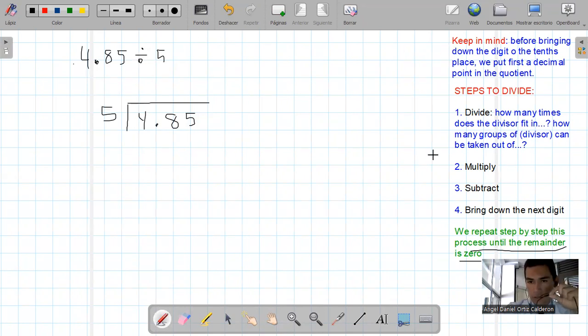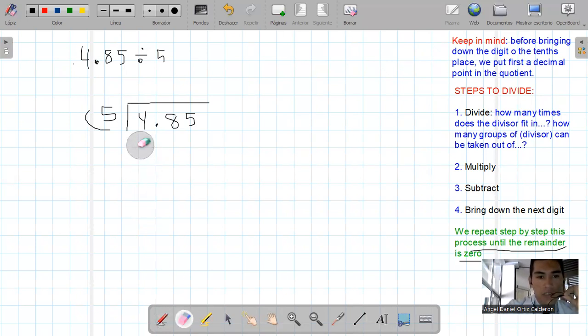Well, now, remember these instructions. The steps to divide. First of all, we have to divide. What does it mean? To divide means to ask yourself some questions. One question can be, for example, how many times does the divisor fit into 4? That could be a first question.